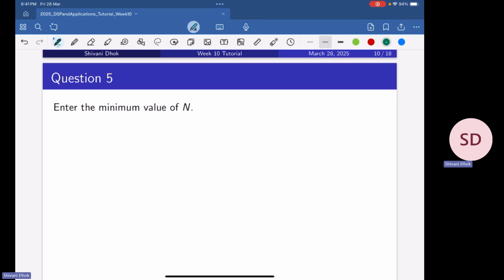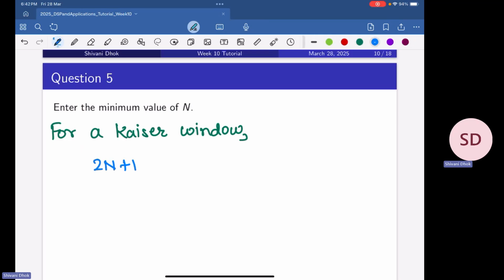For a Kaiser window, the length of the filter, that is 2n plus 1, is greater than or equal to 1 plus (A minus 8) divided by 2.285 omega t, where again this omega t is the transition width.